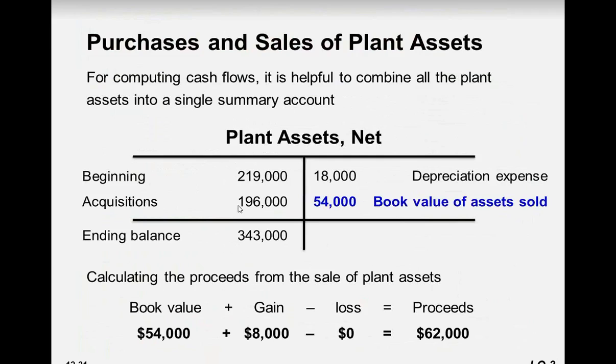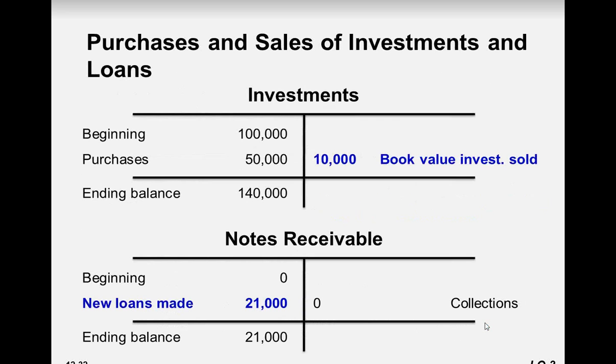The 219 minus 196 equals the 343, minus the 18, and they had given us the 14, so we came up with the depreciation expense, or what would have been the accumulated depreciation of $18,000 here, to show us our proceeds of $62,000. That's all they're showing you here. They're showing you how the changes would be made in these T accounts or ledger accounts. New loans made, $21,000.